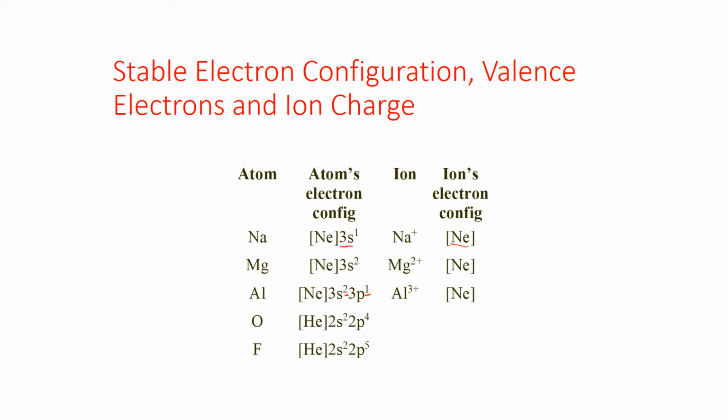Now we see something somewhat similar for our nonmetals. Nonmetals like oxygen and fluorine, instead of losing electrons, are going to gain electrons. So they become anions with a negative charge. To some extent this makes sense, because it's going to be pretty hard to lose a total of 6 electrons. It's much easier for an oxygen atom to just gain 2 electrons. When it gains those 2 electrons, they go into that p sublevel.